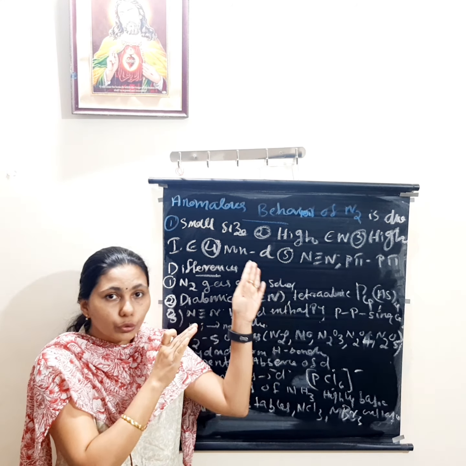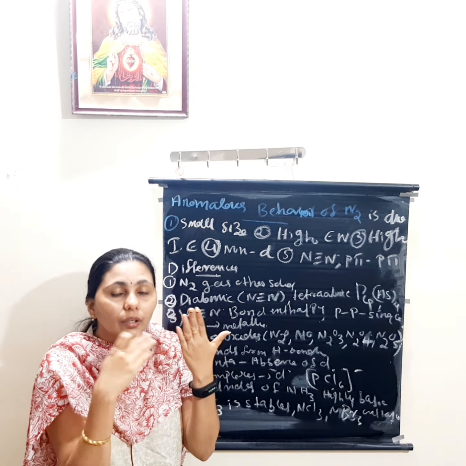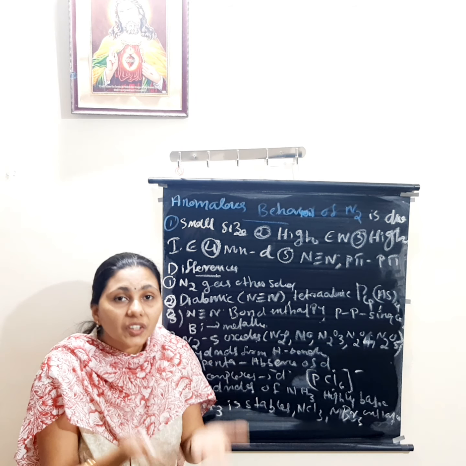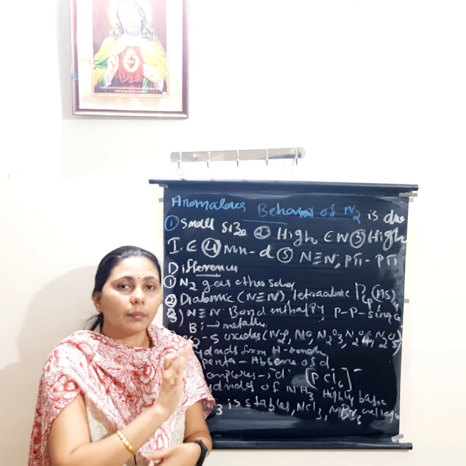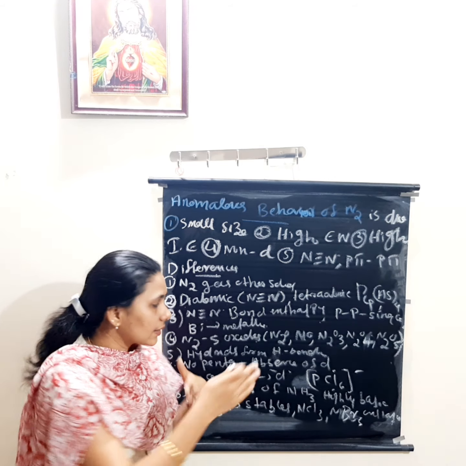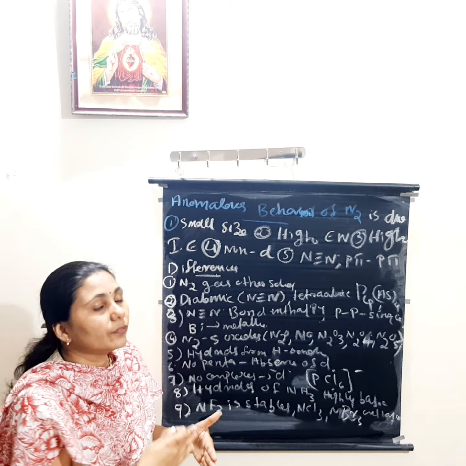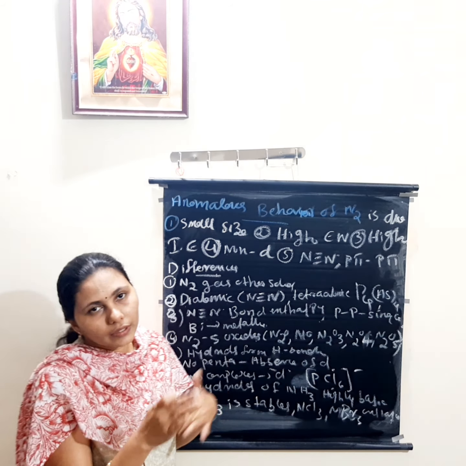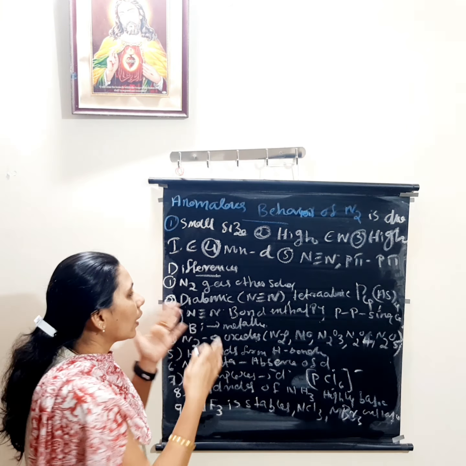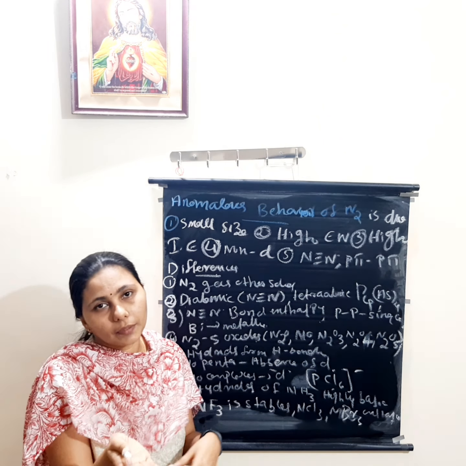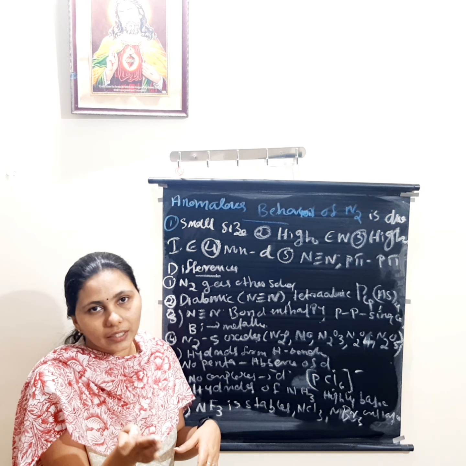The difference is due to these reasons. They will ask any 3 differences of nitrogen from other members. Many differences are given in your syllabus or textbook, so you have to know the differences from the other members of the family. That is also a minimum of 3 they will ask.